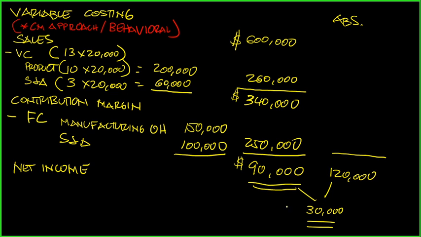If you go back to the main difference in absorption versus variable costing, the main difference is in the treatment of manufacturing overhead.